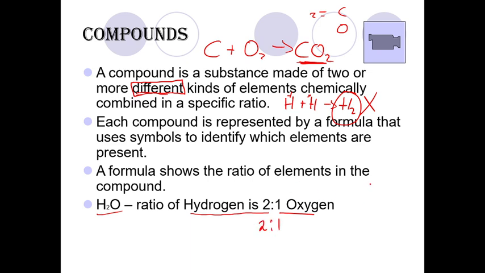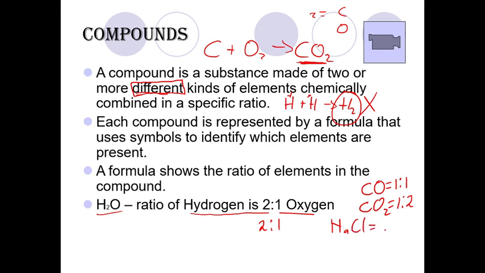Similarly, I can have carbon monoxide and carbon dioxide. The ratios for these are different. The ratio for carbon monoxide is 1 carbon and 1 oxygen. The ratio for carbon dioxide, however, is 1 carbon and 2 oxygen. Let's take salt, for example, NaCl.